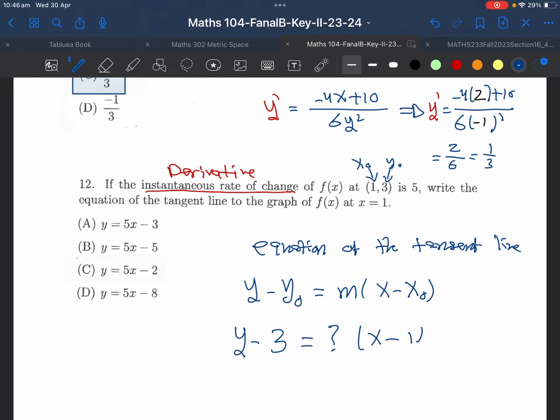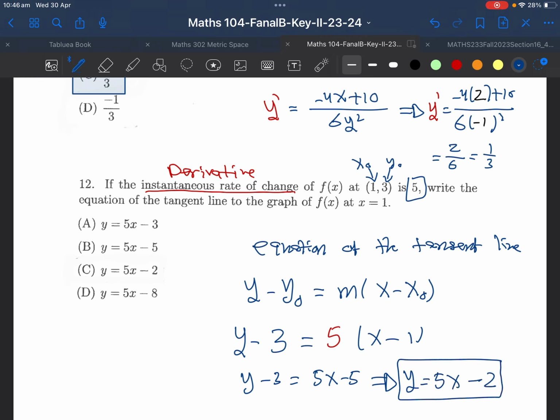Now, how much is the derivative? Well, the derivative is given to me as 5. So here is the derivative. How do I know it's the derivative? Because it says the instantaneous rate of change. So we get y minus 3 equals 5x minus 5. Take the 3 to the other side, you get 5x minus 2.